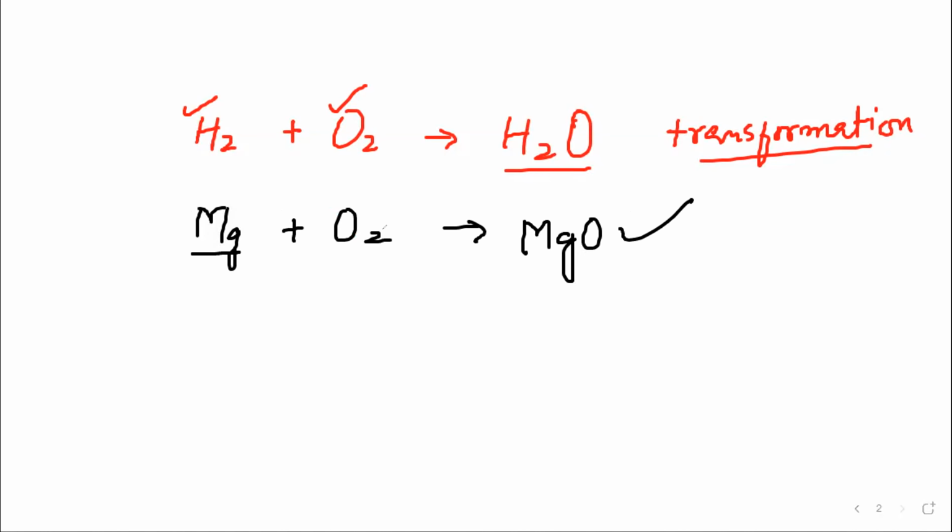One element reacts with another and forms a new substance, magnesium oxide, and this has new properties, isn't it? Are you getting it? So I hope that you have got what is an atom, right?